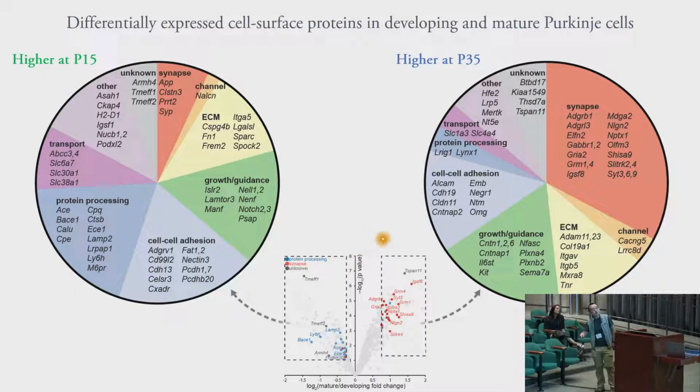We grouped those differentially expressed proteins based on their molecular families. You can see that many of the synaptic proteins get upregulated after maturation. And there is a distinct class of adhesion, growth, or guidance molecules that are upregulated at the developing stage and go down after maturation, while a different group of adhesion, growth, or guidance molecules get upregulated after maturation.